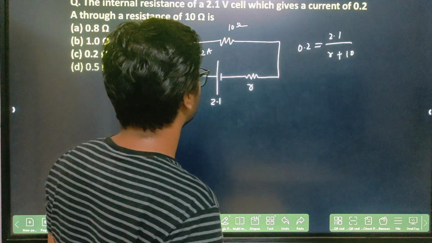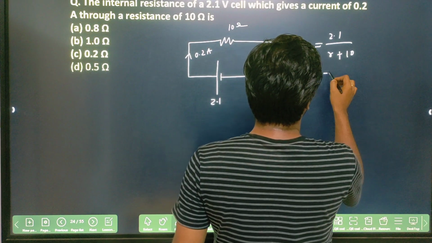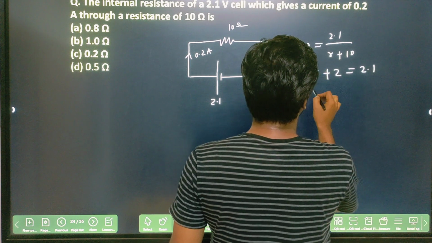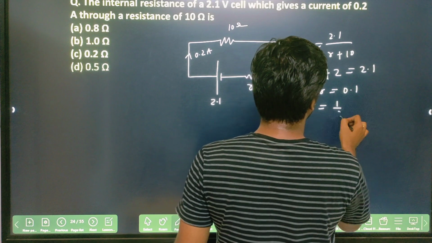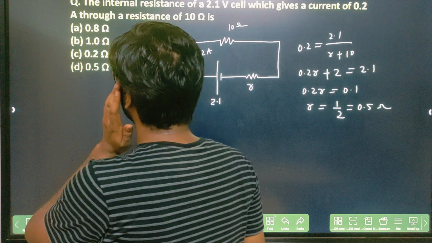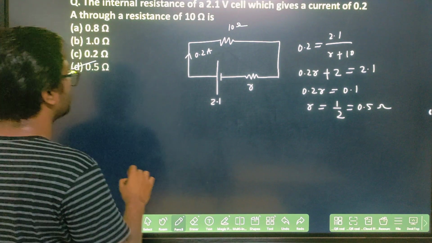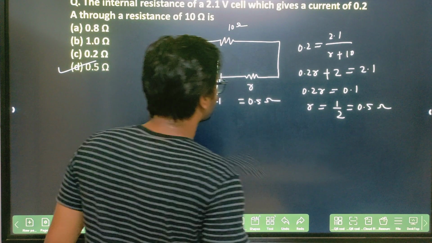So how much will it come? You will say 0.2 into R plus 2 equal to 2.1. So 0.2 R equal to 0.1. So R will be 1 by 2, that will be 0.5 ohm. Clear? So which option will be correct here? It will be option D. So the R value you got is 0.5 ohm.